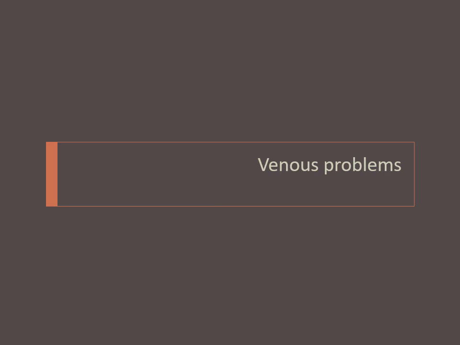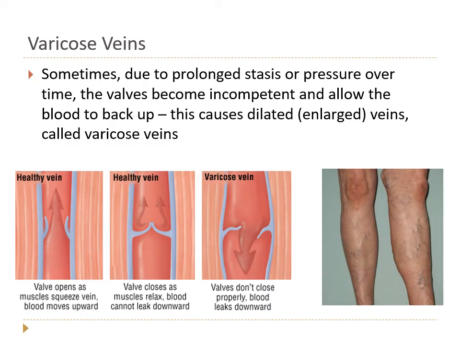Let's talk about a few problems that we can have with the veins. The first one is varicose veins. What we see in the bottom left here is a normal healthy vein. Blood moves up through the valve during muscle contraction, and then when the muscles relax, the blood gets stuck because of the valve.